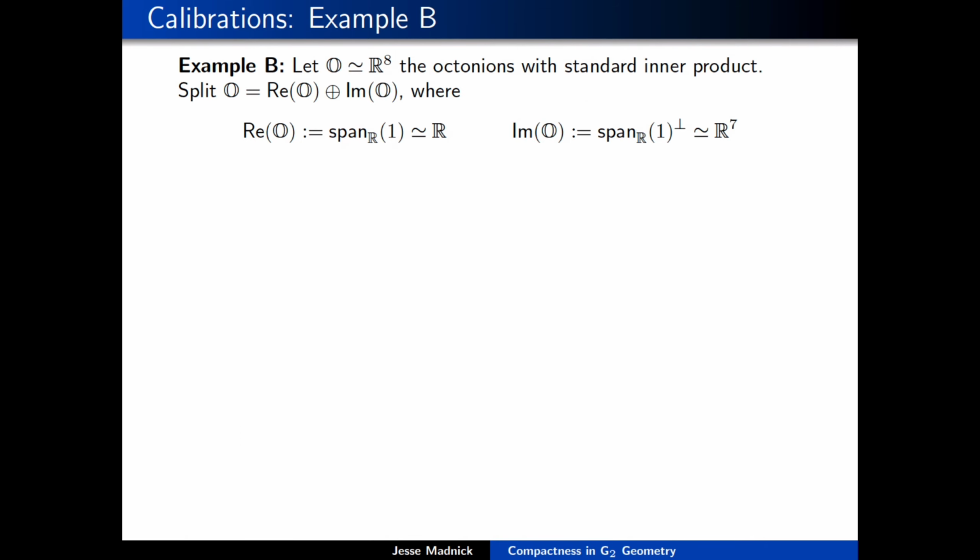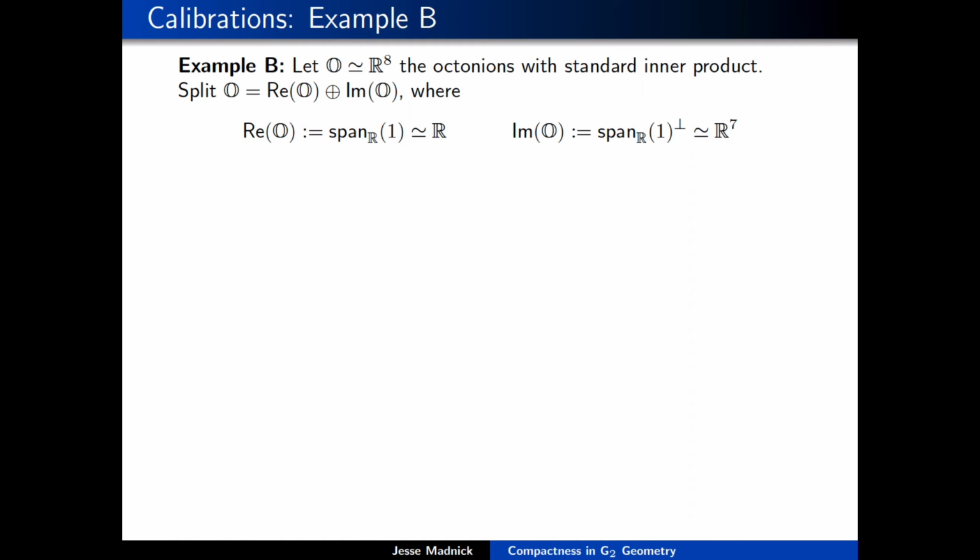But the example that's relevant to our talk is this one. Let O denote the octonions. That's basically a copy of R^8 with a certain product operation, and equip it with its standard inner product, the ordinary inner product on R^8.